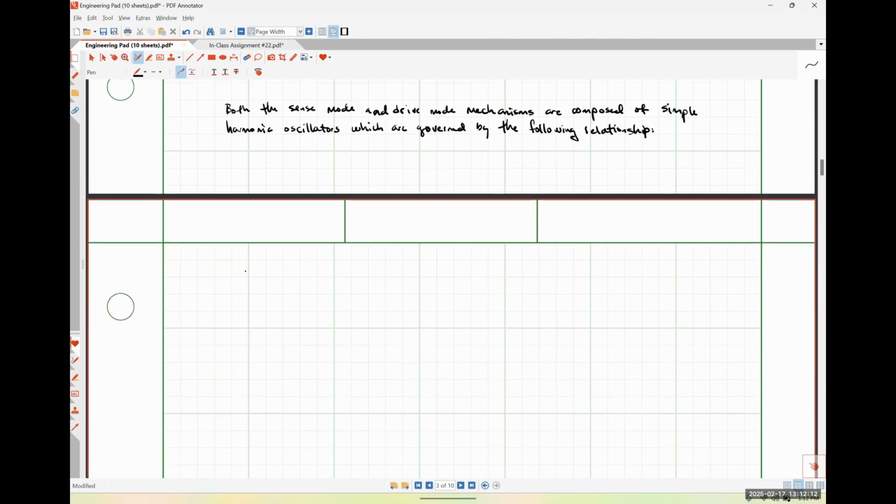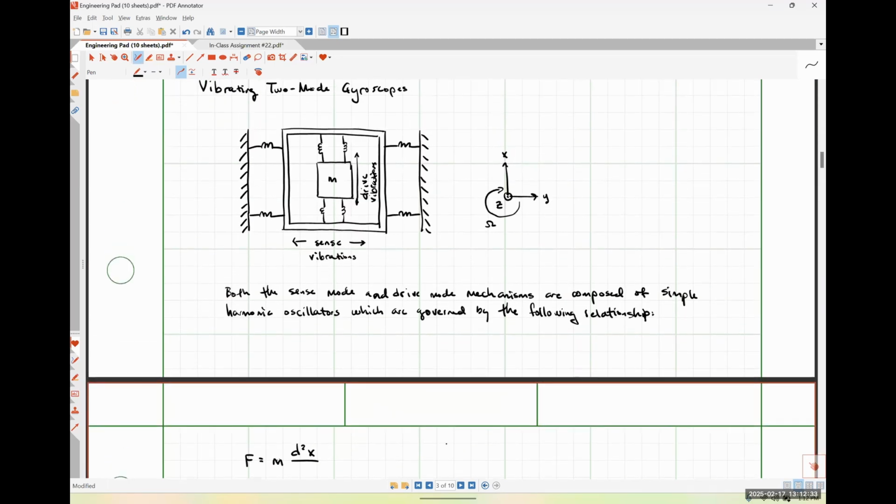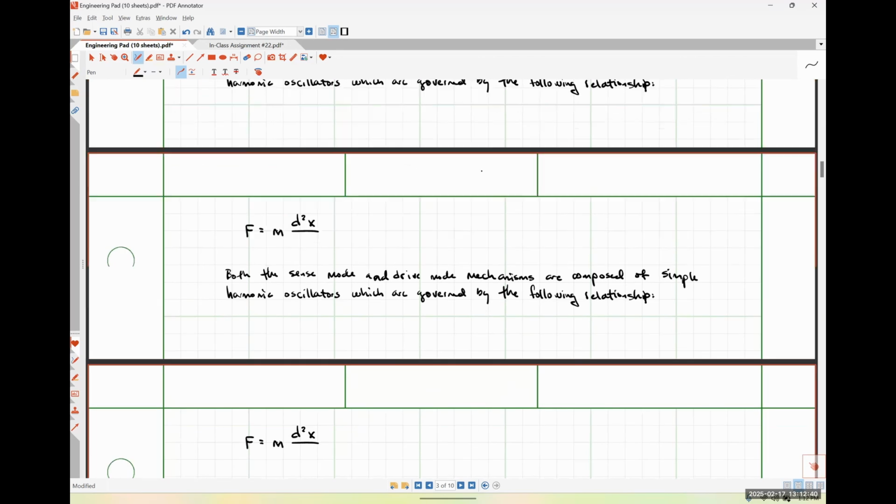So our force F will be equal to m times the second derivative of displacement. I'm just choosing to write this displacement as x generically, but for my y mode displacement for my sense vibrational mode, I would just replace every x with a y.